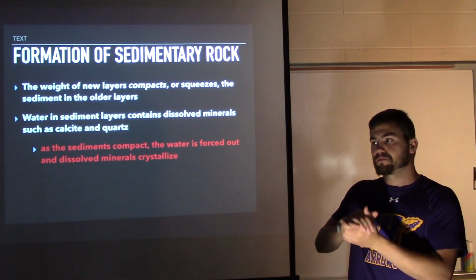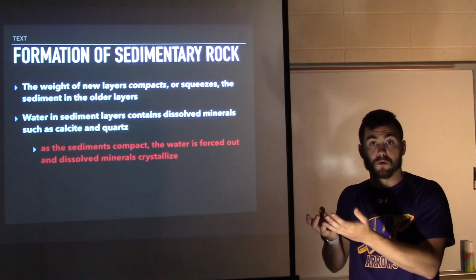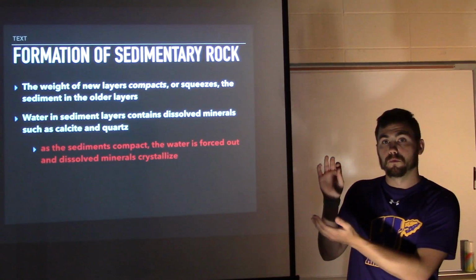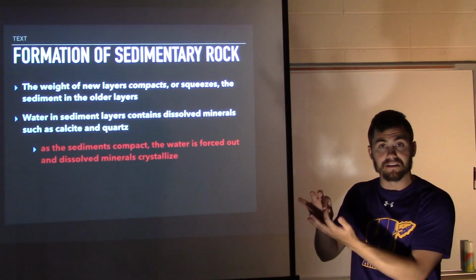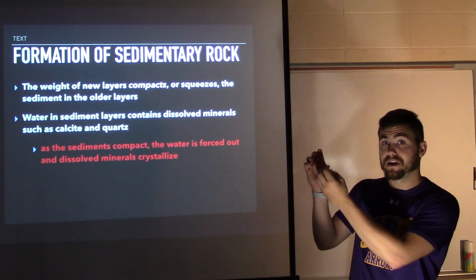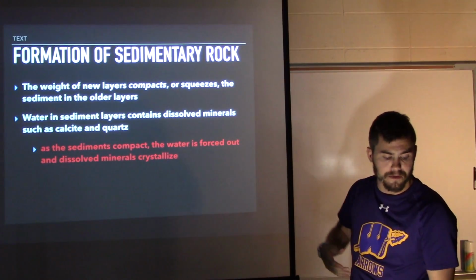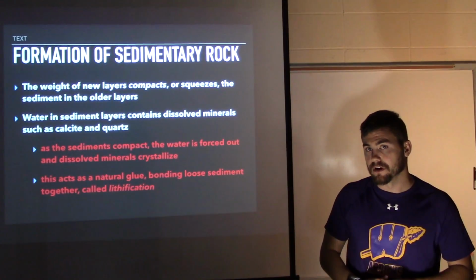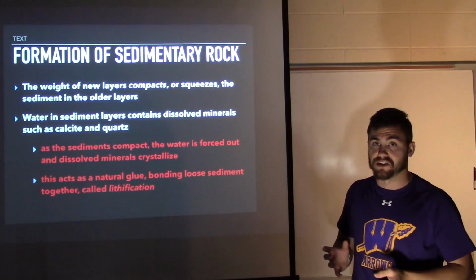So what happens is, now that the quartz and the calcite are no longer floating, dissolved in the water, they start to cling to the surfaces of the sand grains, all the billions and billions and trillions of them, and they will start to grow outward, and they will mesh together and interlock. And that is the bonding agent. That is the cementing together of those mineral grains, of the sediment grains, sorry, I should say.